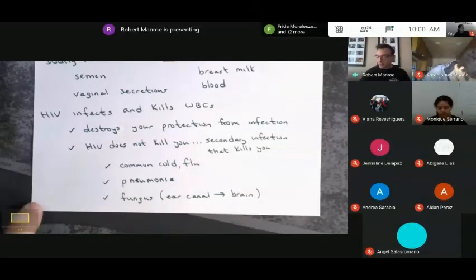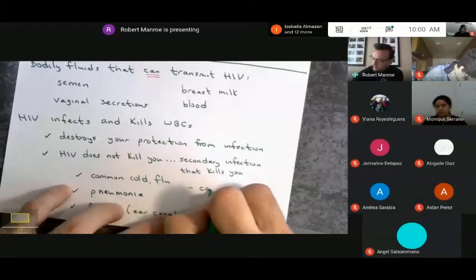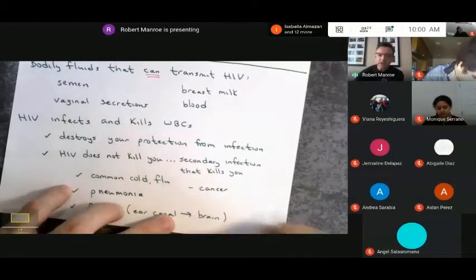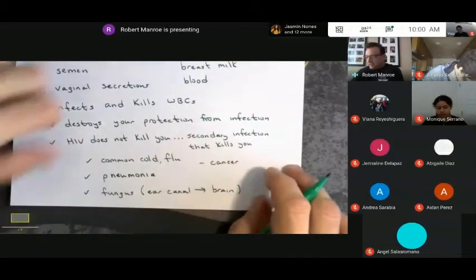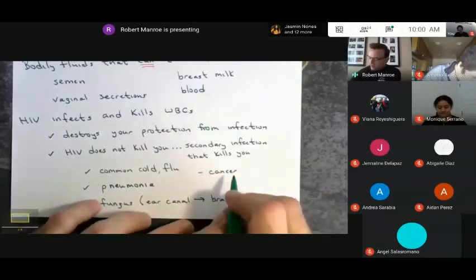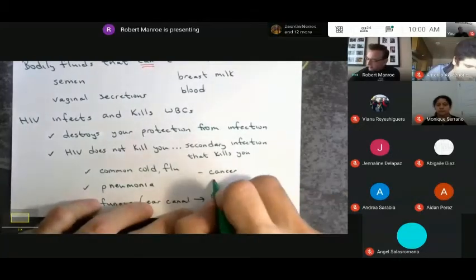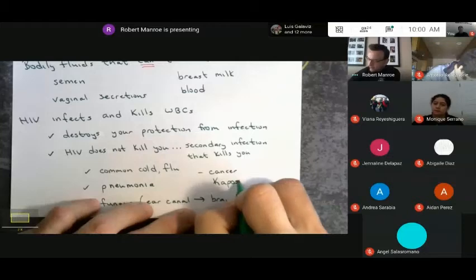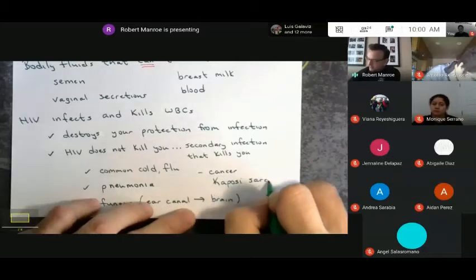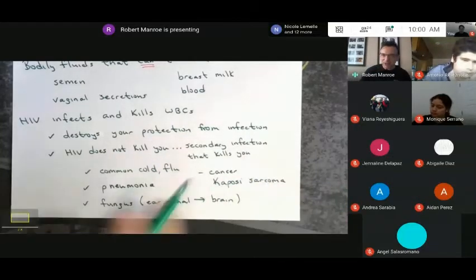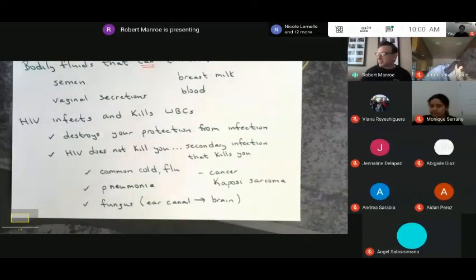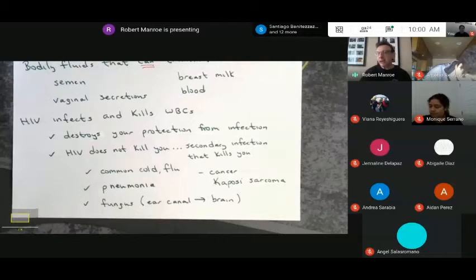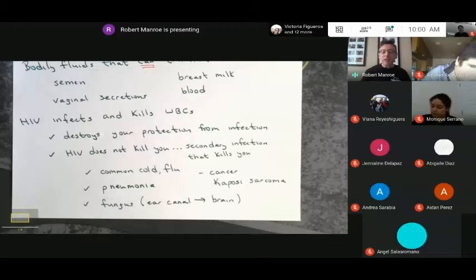Certain forms of cancer. There's a specific form of cancer that was part of the discovery of HIV called Kaposi sarcoma, if you want to know. IB will never ask you about Kaposi sarcoma, but this is a form of skin cancer, usually only seen, get a load of this, in Greek men. That in the Greek culture, the males go on the beach and literally, I mean, they sunbathe and sunbathe and sunbathe.